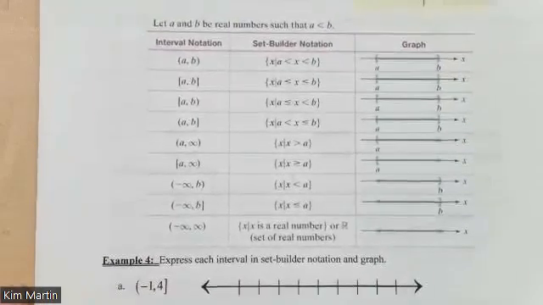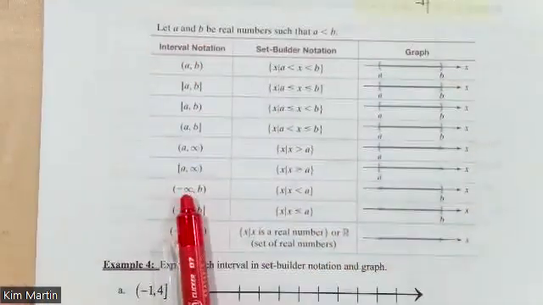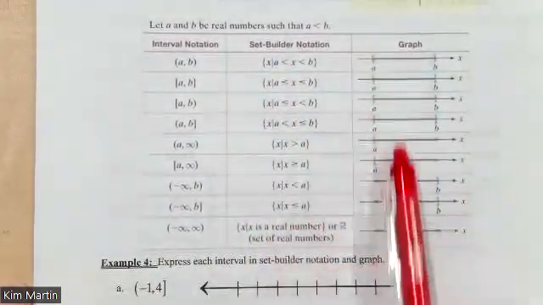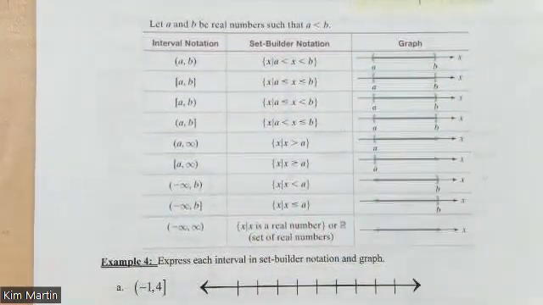All right, interval notation. We've got interval notation, we have set builder notation, and we have to graph it. Now, I always teach the graphing, then you do interval notation. You would use this when you have inequalities: less than, greater than, less than or equal to, greater than or equal to.